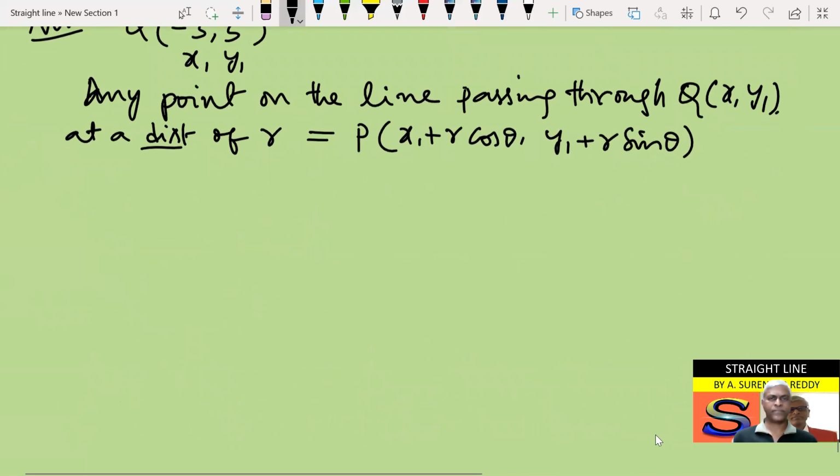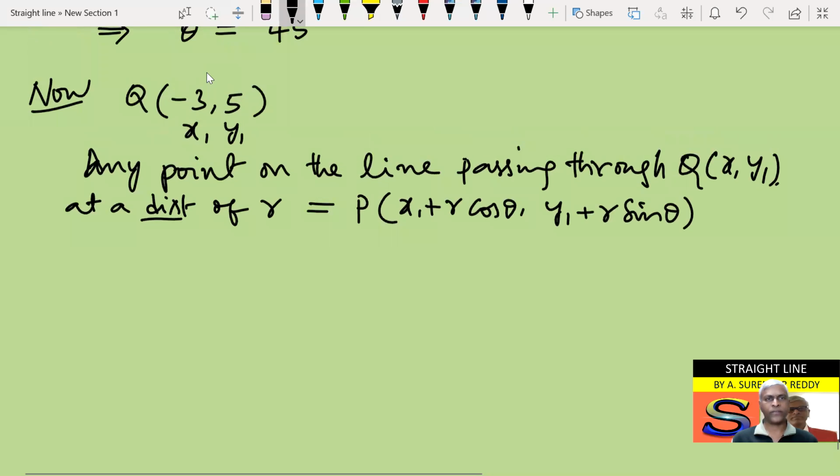We know this already. We did some problems using this formula. So this is the point on the line passing through (x1, y1) at a distance of R units from (x1, y1) on the same line. So that is point P. These are the coordinates of point P. Here x1 is -3, y1 is 5, and we do not know R, and we know the angle theta is 45 degrees.